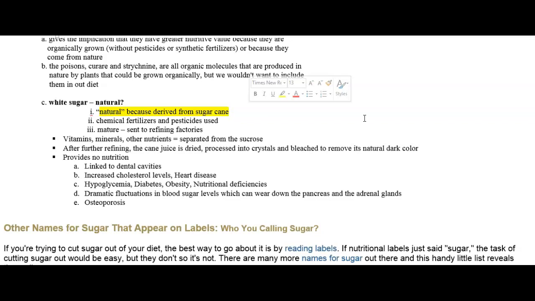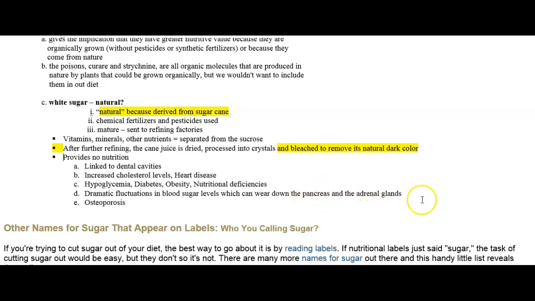And sugar cane is sent to refining factories where all the good stuff is taken out. Sucrose is table sugar. After refining, it's dried, pressed into crystals, and bleached to remove its natural dark color. So if you eat sugar, you're eating bleach.